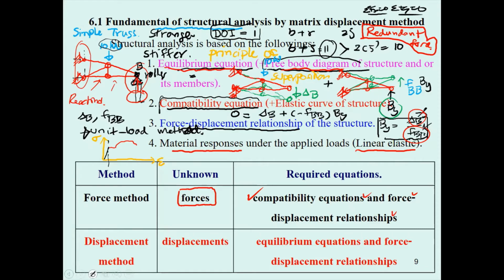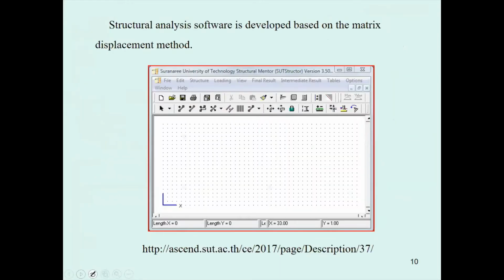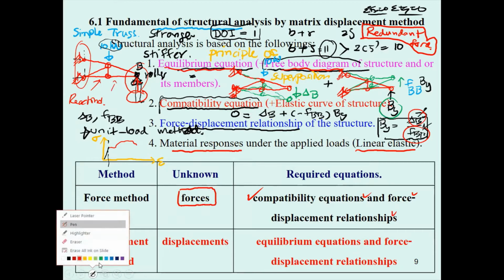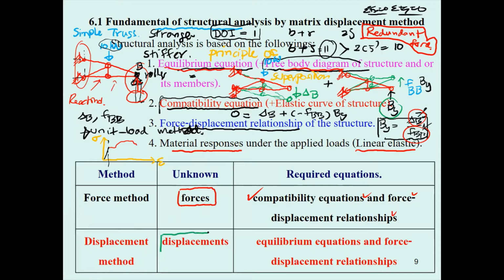Now we come to the next step. We're going to use the displacement as the unknown. By using the displacement as the unknown, we call the method the displacement method, and then we use the mathematics of matrices to solve this. By doing this, you're going to use the equation of equilibrium.